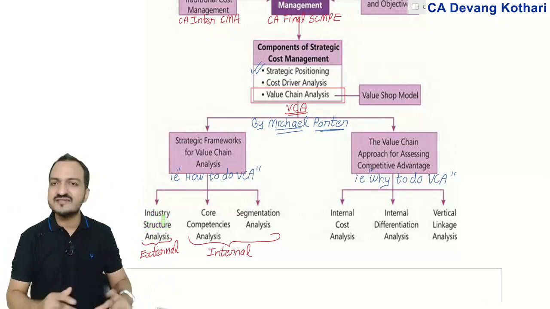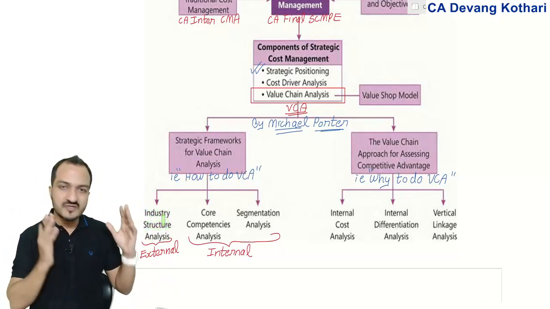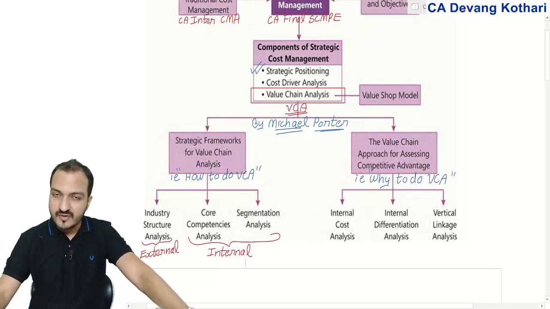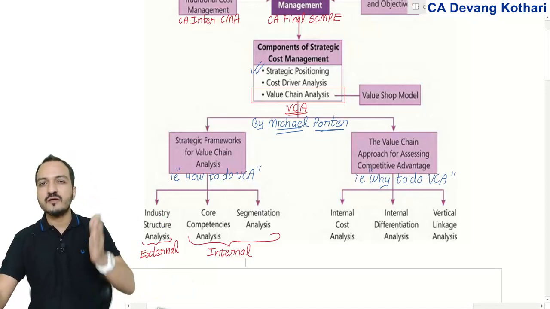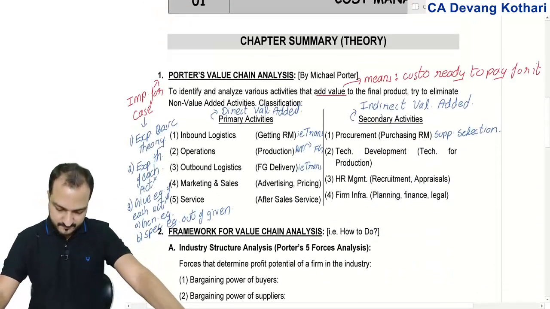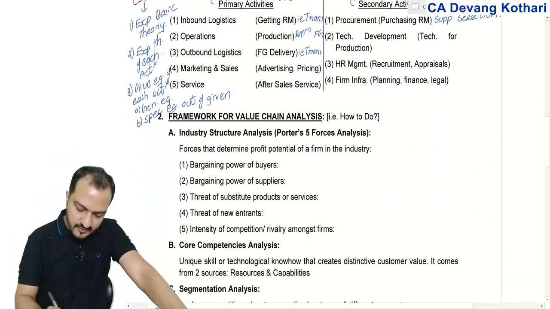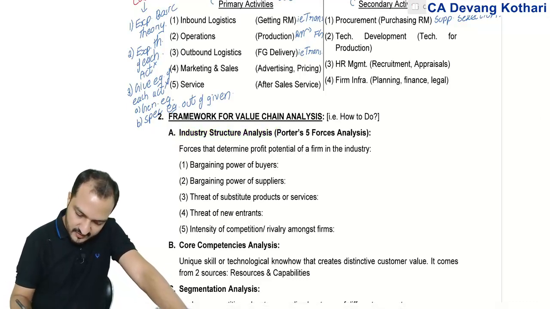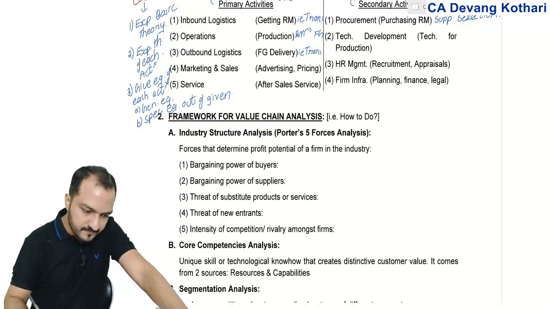So when do you analyze the overall industry of this particular product? You will analyze the overall industry when you are planning to enter that industry. So keep that in mind. Industry structure analysis is done when you are trying to enter a new industry.